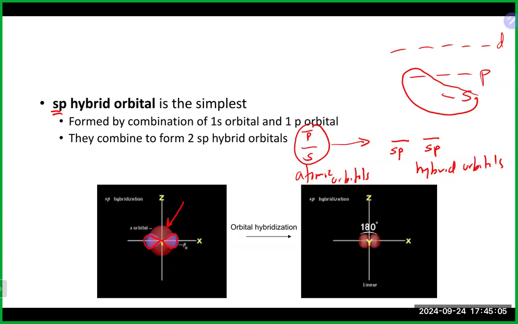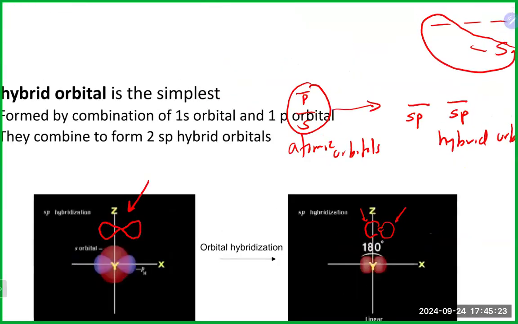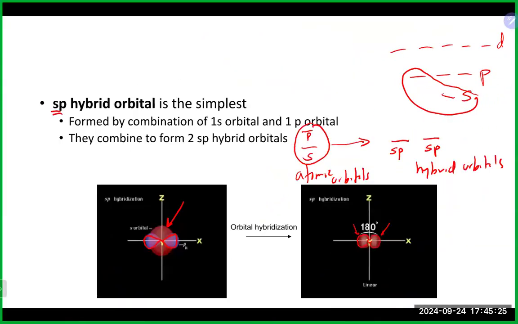As you can see here, the shape is a little bit like a kidney bean, with a little lobe there. So we get these 2 individual sp orbitals through the hybridization process. Now, when we go through this hybridization process with the s and the p, that also means we will have 2 p orbitals that are unhybridized.